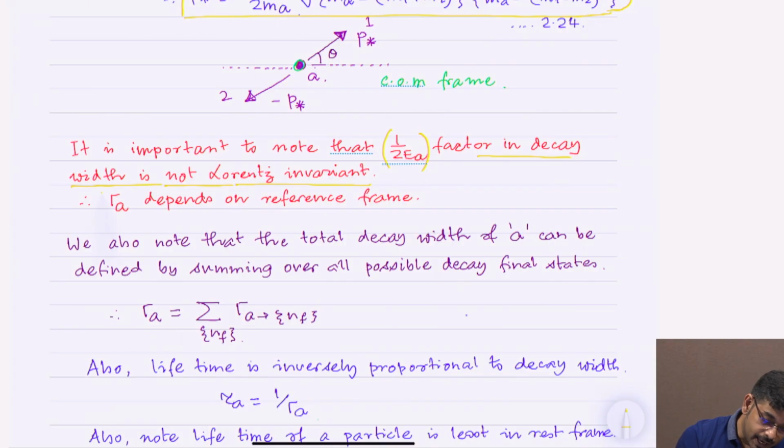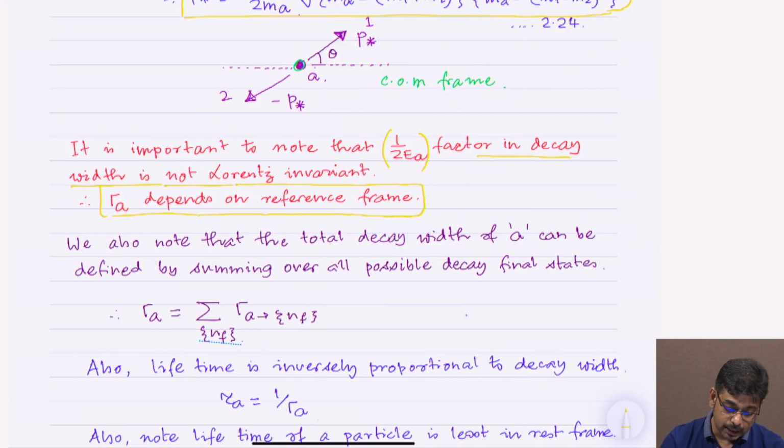So, you say that although we cooked up this expression for the phase space very nicely to be Lorentz invariant, this full expression of the decay width is not Lorentz invariant, just because of the fact that there is an initial state and the factor of initial energy of the particle from which it is decaying to the two particles 1 and 2 depends on the reference frame.